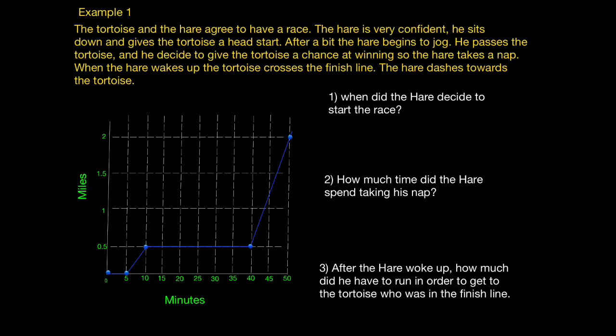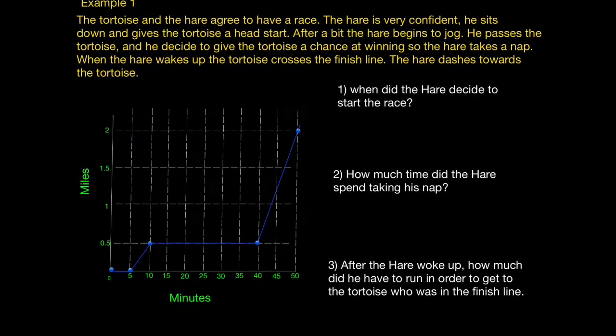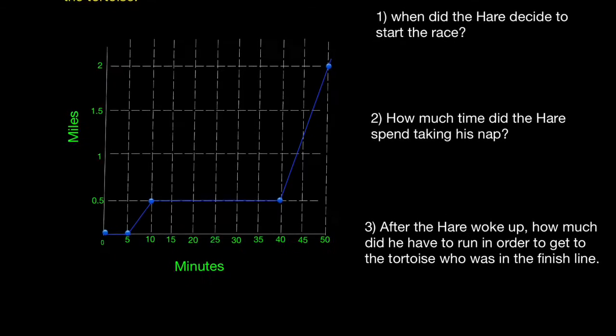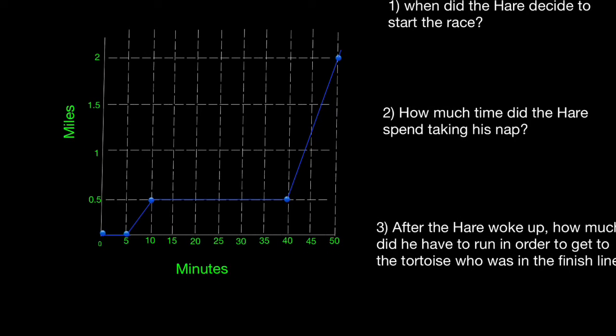Let's begin by first making sense out of this graph. So here we can see that this graph is modeling the trajectory of the hare. So here we can see that this part, the hare is at rest. He's sitting down, giving the tortoise a head start.